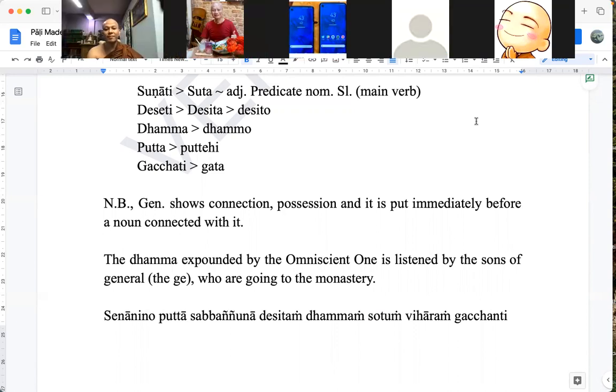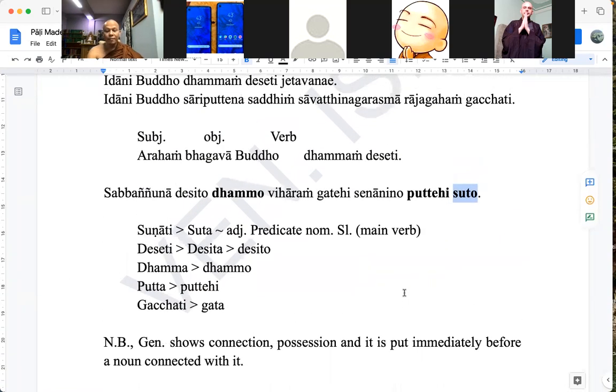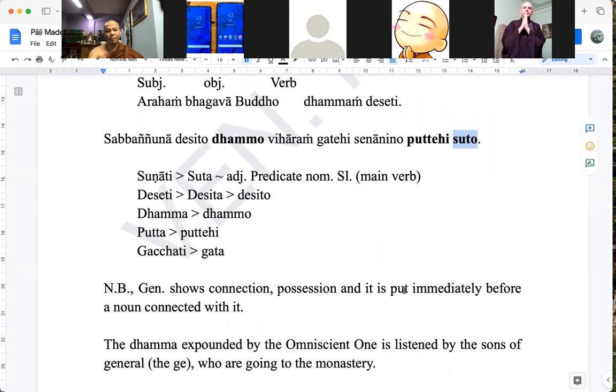Good evening, Bante. Bante, may I ask about this sentence? The Pali, Viharang Gatehi, can we translate it as: the Dharma is found by the omniscient one, is listened to by the sons of the general who have gone to the monastery?